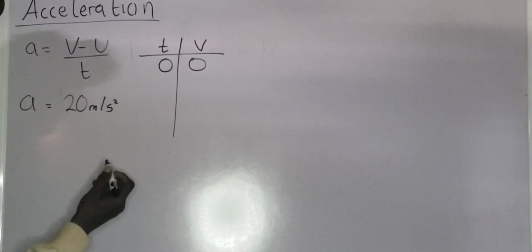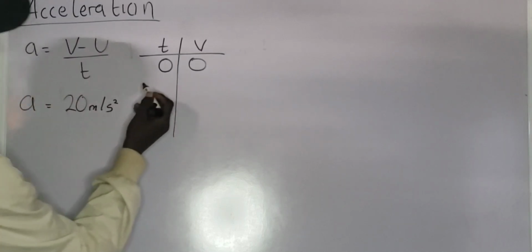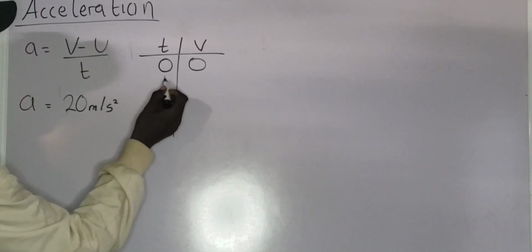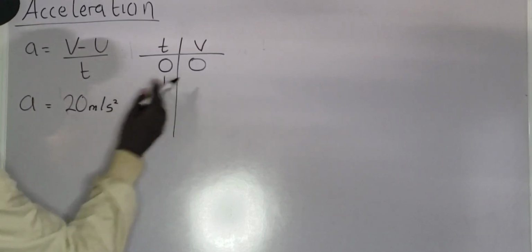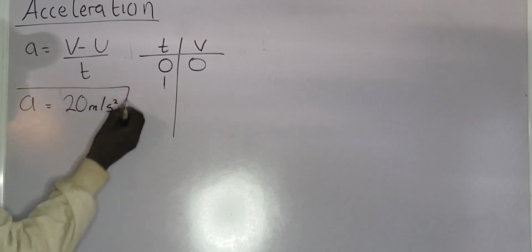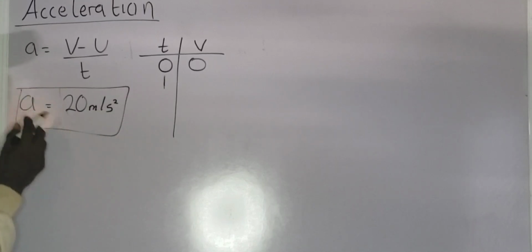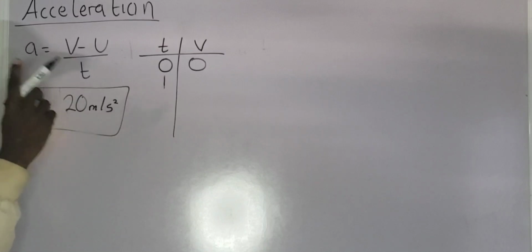Now, don't forget that the acceleration tells us how fast the velocity of an object is changing with respect to time. Therefore, when the time is 1 second, the velocity will be what? 0 plus 20, because this means that the velocity of the object is changing by 20 meters per second every 1 second.